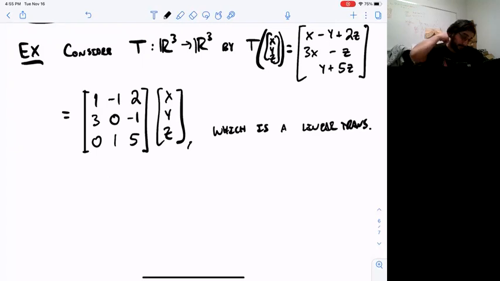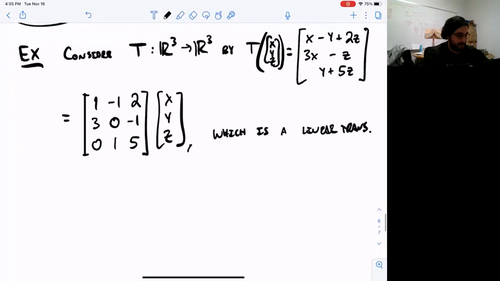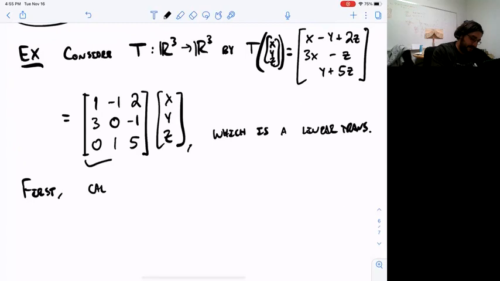So now what I want to do is look at all these equivalent conditions. First, I want to calculate the determinant. And this, by the way, is what I was calling M, the matrix corresponding to the linear transformation.